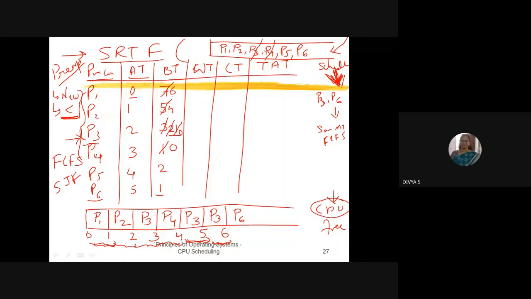Even if it resumes or continues, it doesn't make any difference, as the burst time is only 1. Clear? Now with this amount of work, P6 has successfully completed its task, wherein the CPU time is increased to 7. Clear? Now the available processes are P1, P2 and P5.